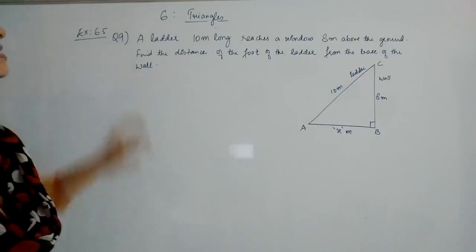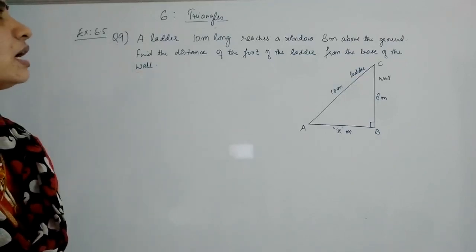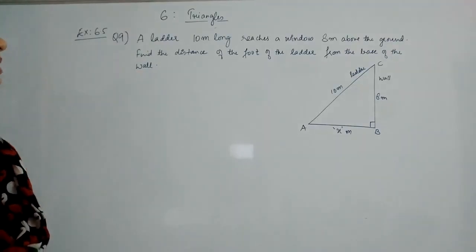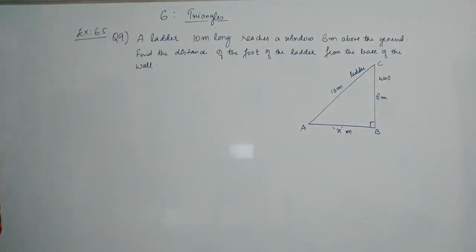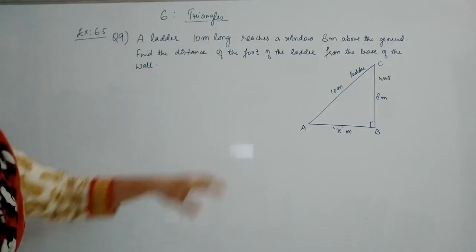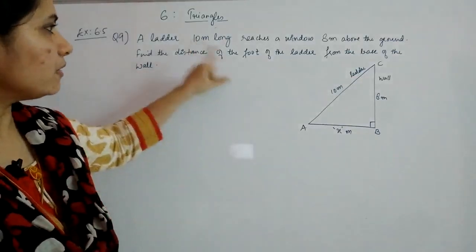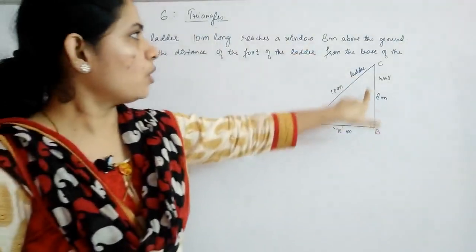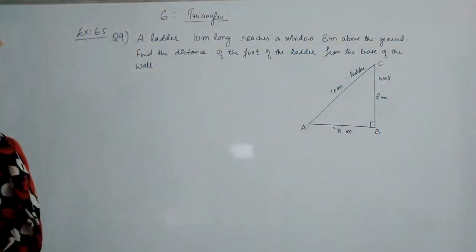Question number 9 is, a ladder 10 meter long reaches a window 8 meter above the ground. Find the distance of the foot of the ladder from the base of the wall. So I've drawn a rough figure where you have a ladder which is 10 meter long, the wall which is 8 meter in height.